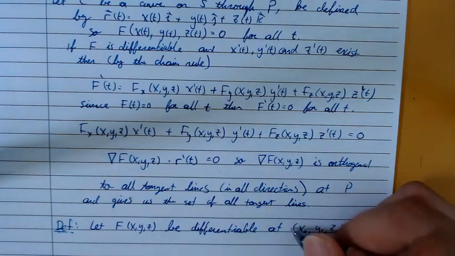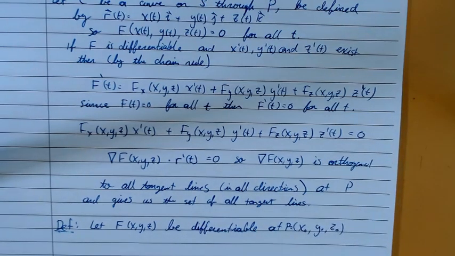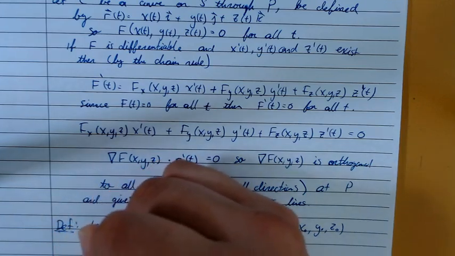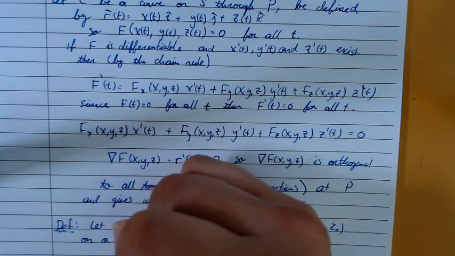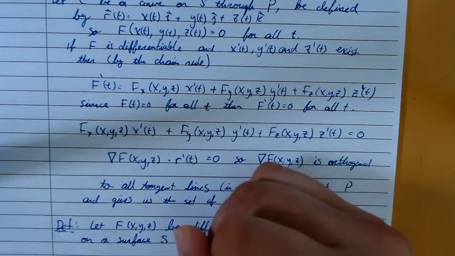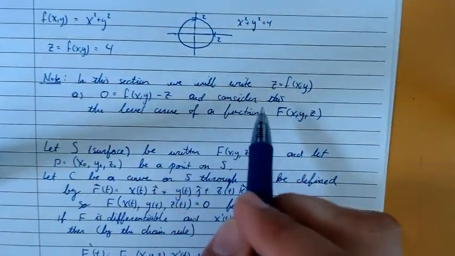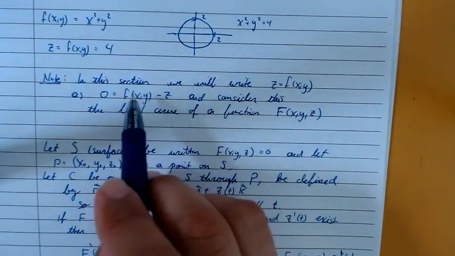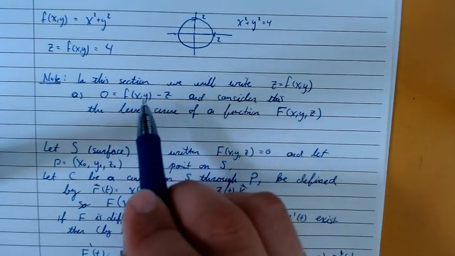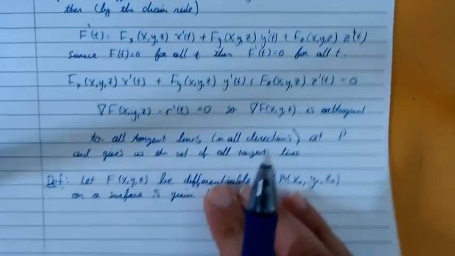Let's call that P. So let f be differentiable at a point P, which we'll call x naught, y naught, z naught, on a surface S given by this earlier adaptation, where we take a typical surface, subtract everything over, and instead of considering it as a surface, we consider it as the level curve of a function of 3 variables.